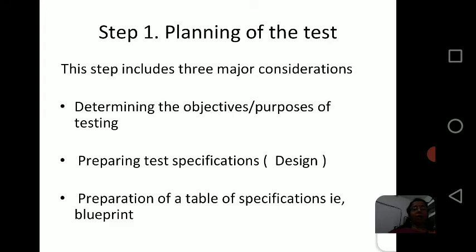One difference is determining the objectives or purpose of testing. It may vary between a teacher made test and a standardized test. In the last segment, we explained the preparation of a teacher made test, and it can be generalized to the planning stage of a standardized test.